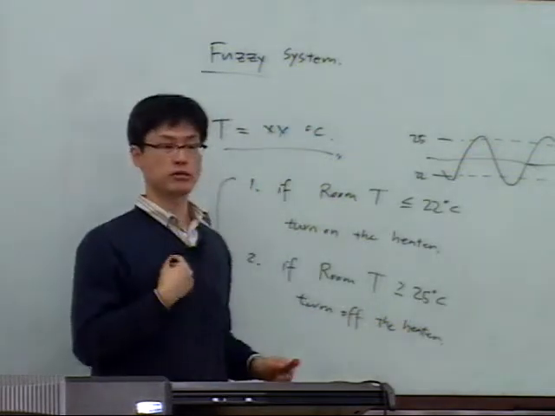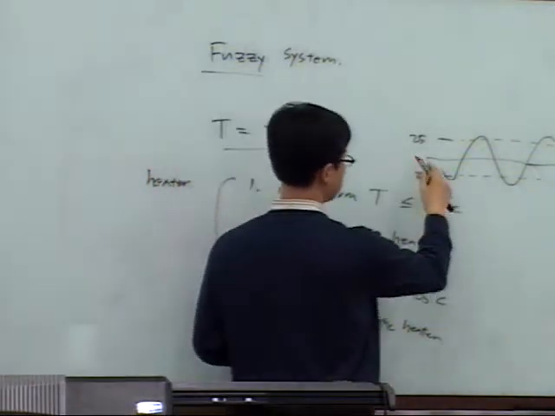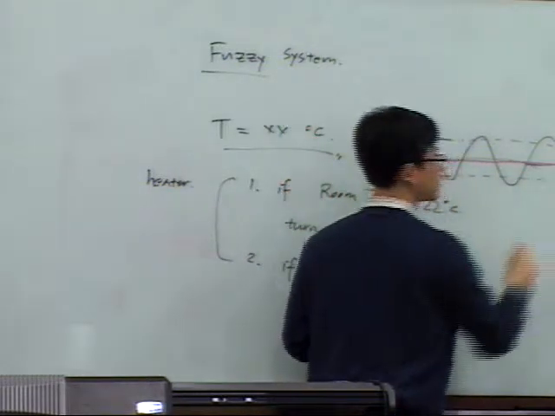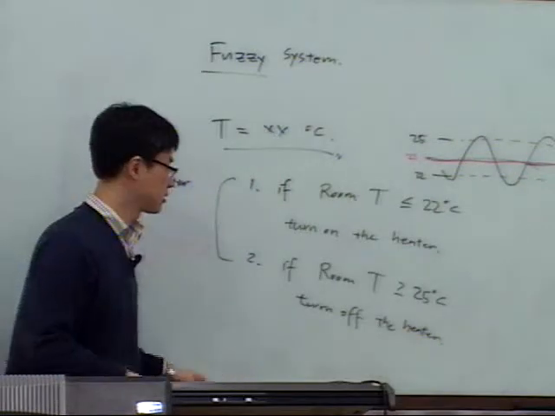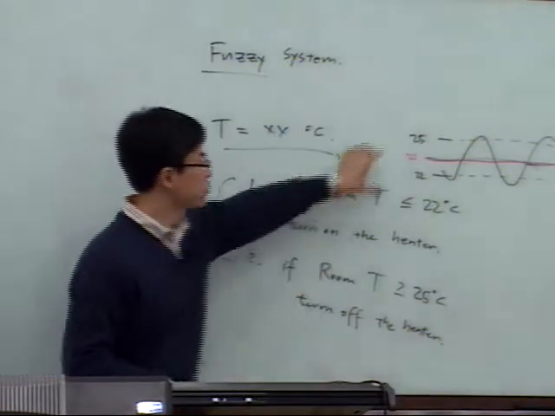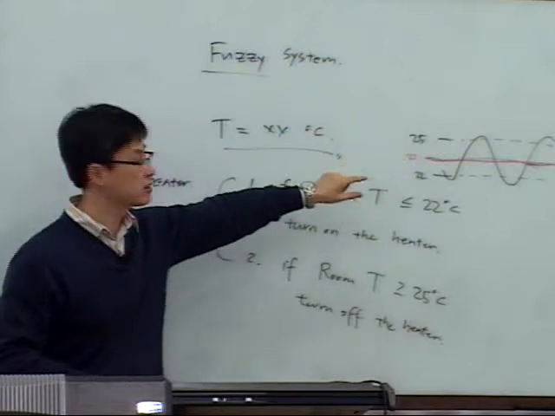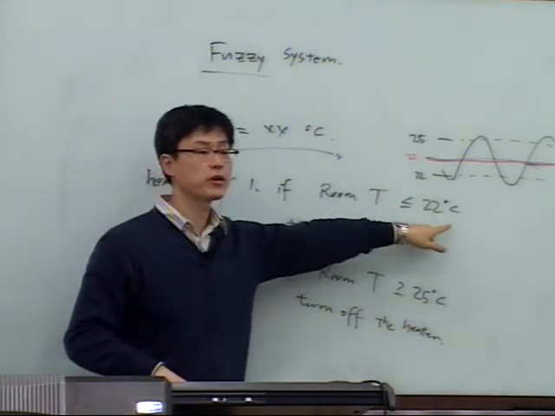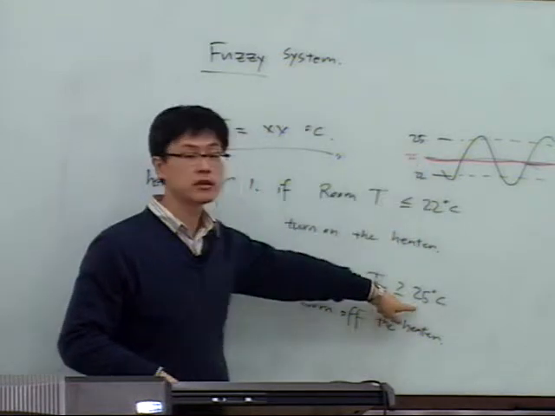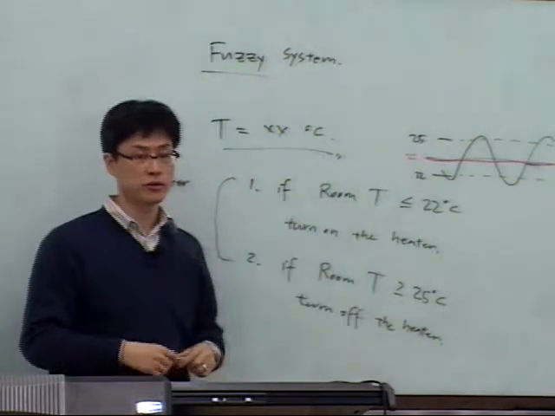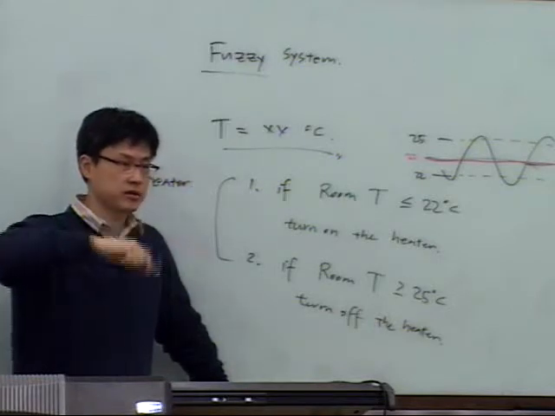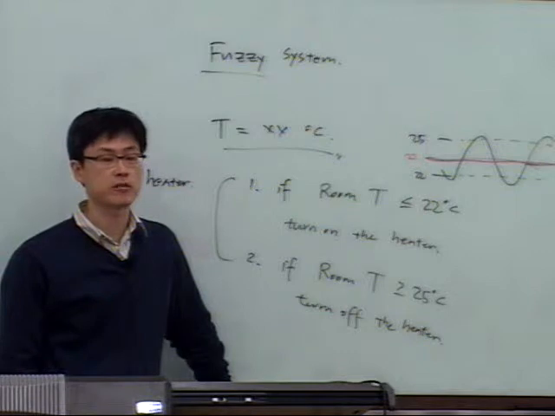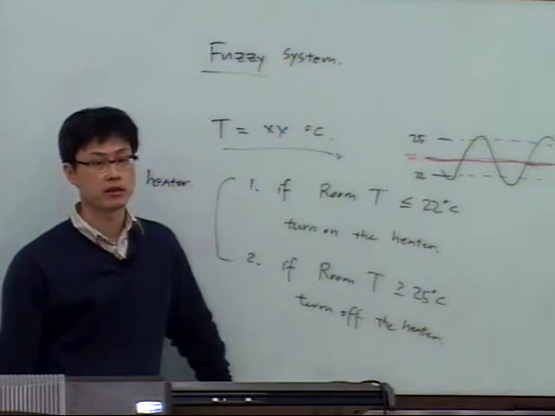What we really want is, let's say this is 23, steady state temperature control. Okay? If you reduce this band to make it 23, if you said this is 22.9 and this is 23.1, then your heater will just constantly go on and off and on and off, and it will be very bad for your machine.